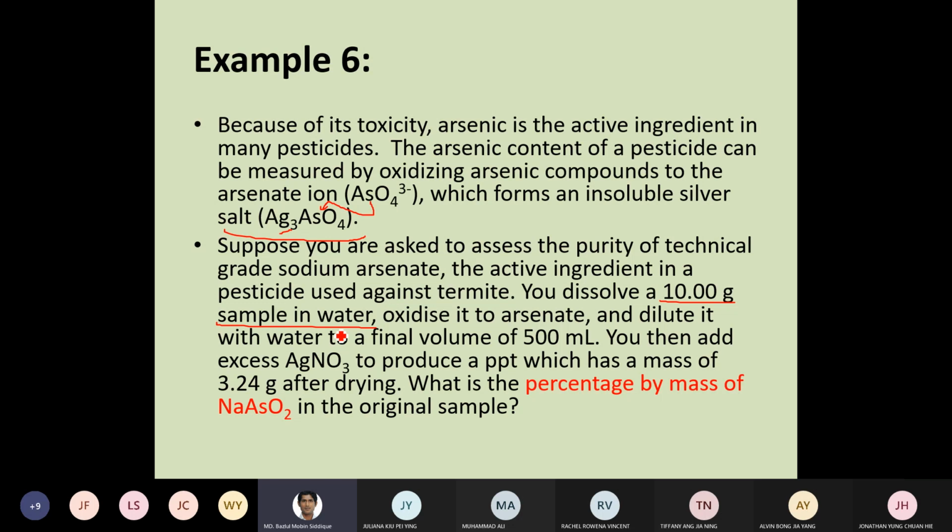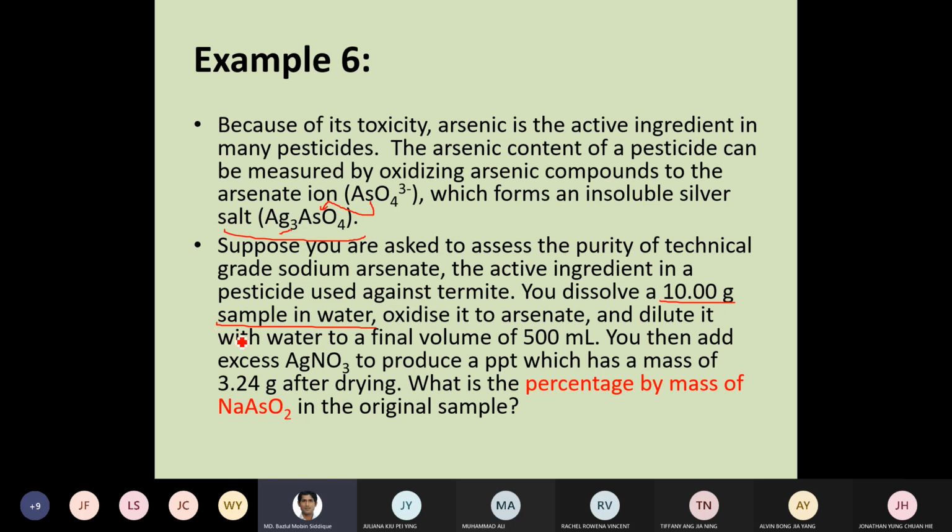You then add excess silver nitrate to produce silver arsenite, because silver arsenite will be solid, right? That's why silver arsenite was used, and also to give us a good idea of how much the reaction is happening.